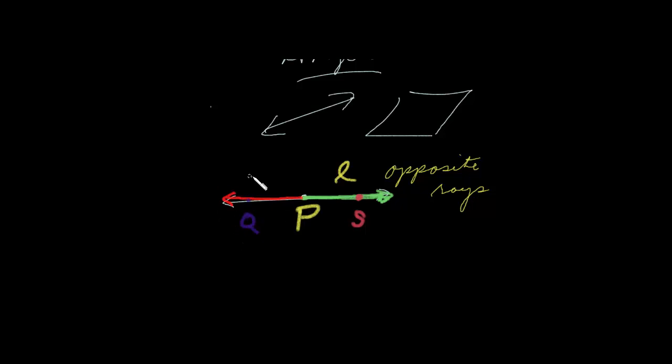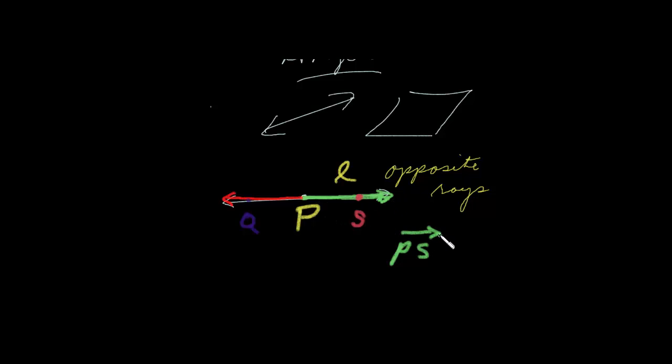So let's name our opposite rays. The opposite rays that we're talking about to form this line, we would have ray PS. Remember our rays start, this endpoint has to be paired with the originating point P, and S indicates the direction of the ray.